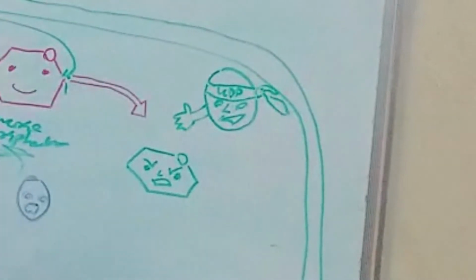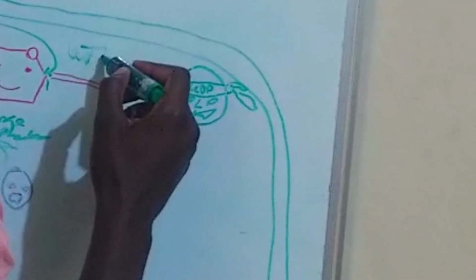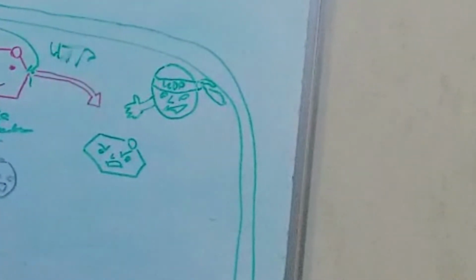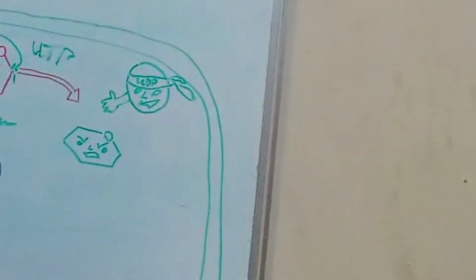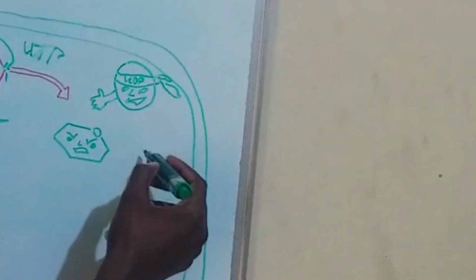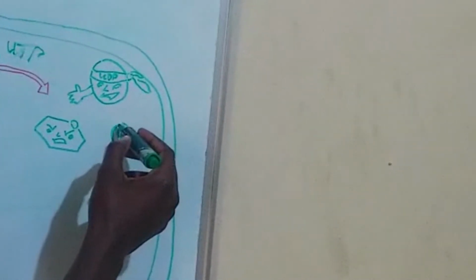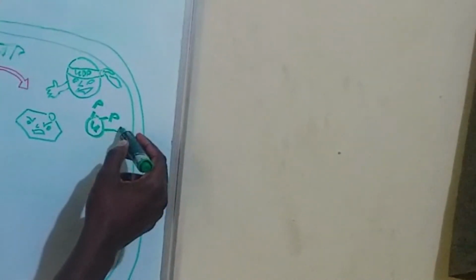So we have what is known as UTP, uridine triphosphate. What this enzyme will do is, for the UTP, there is a uridine molecule here, so there's a phosphate here, another phosphate here, and another one here.